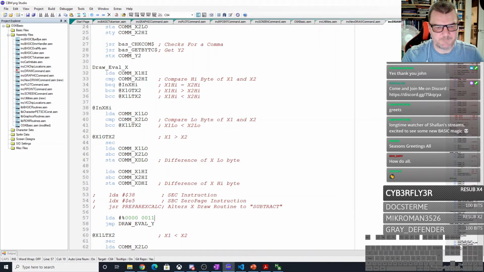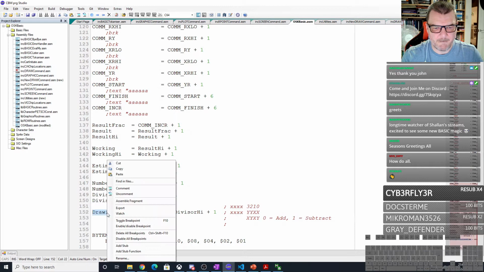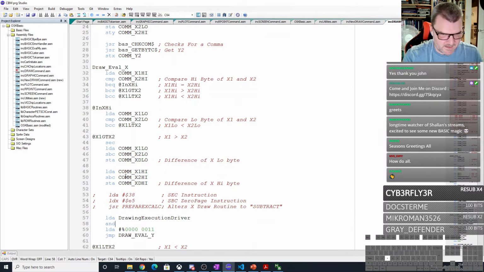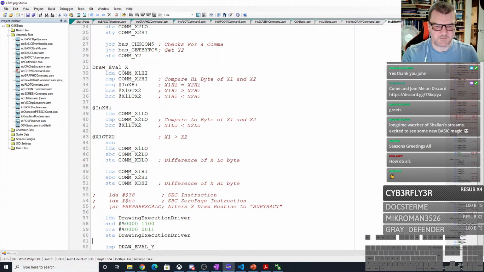In fact, let's do this properly. LDA that and it with, we're not bothered about that, reserve, keep those, blank those out, or it with that, store it back to that.